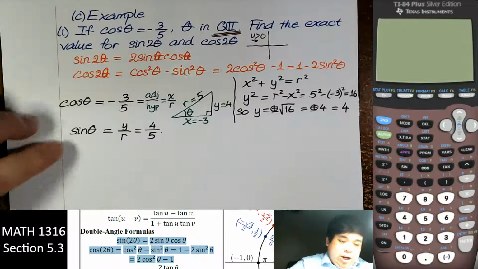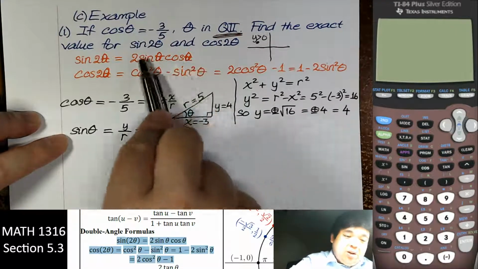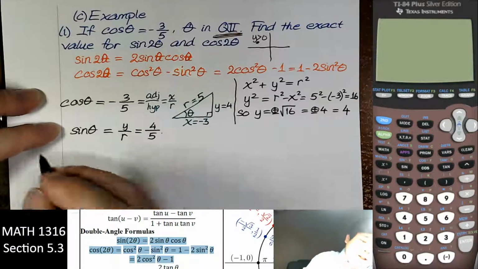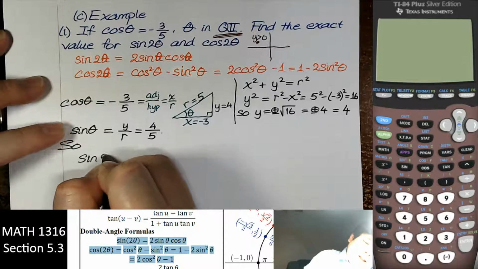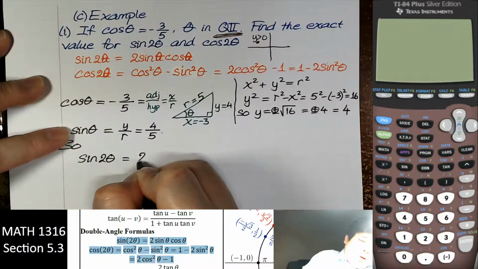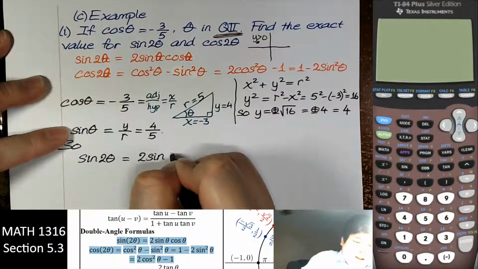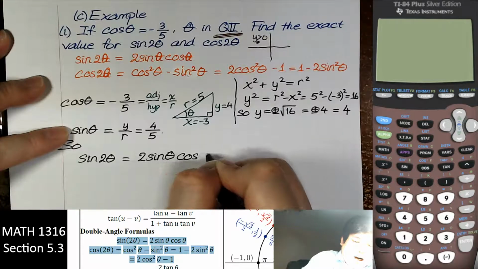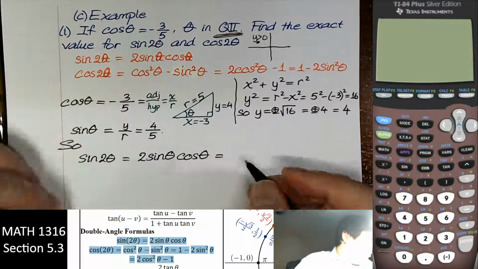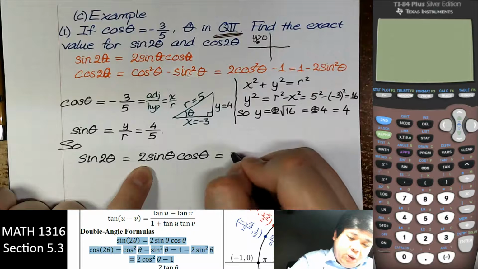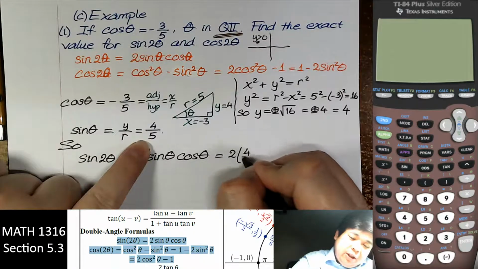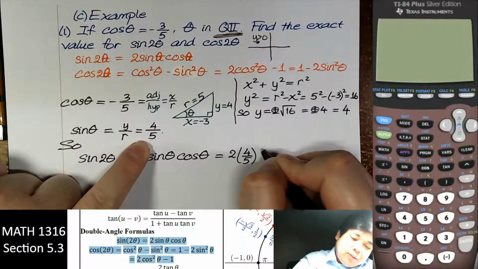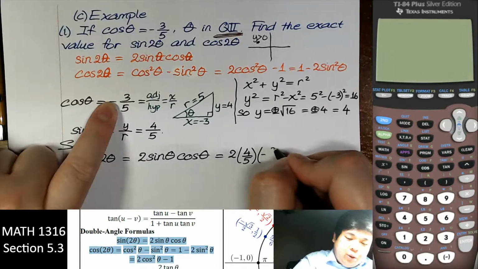That's why we need to find sine, because in the formula we need to use it. Finally, sine of 2 theta equals 2 sine times cosine. 2 times sine is 4/5, cosine is negative 3/5.